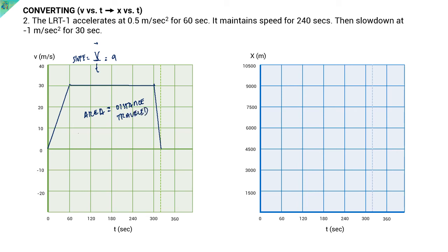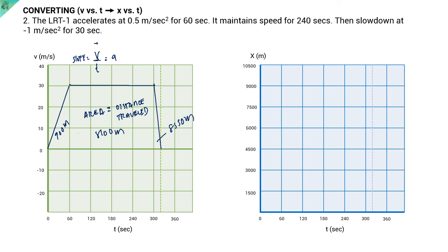Since the area is the distance traveled, and we have already computed that, that's 900 meters, and this is 8,100 meters in the duration, and then this is 8,550 meters. It will be easier for us to write here.